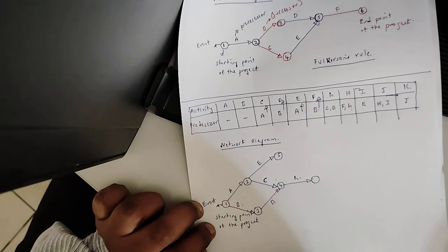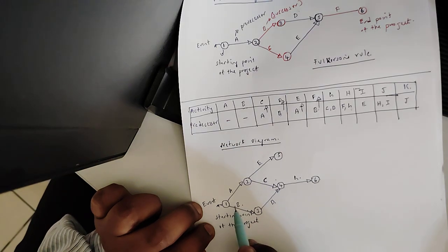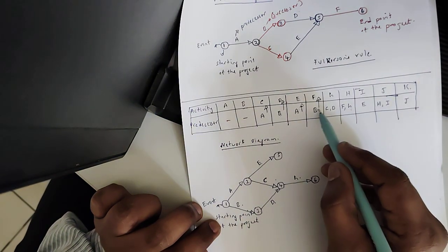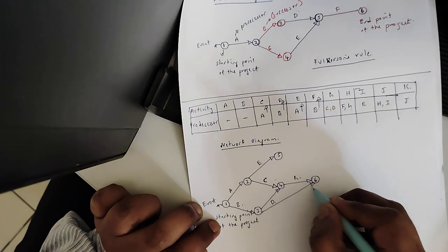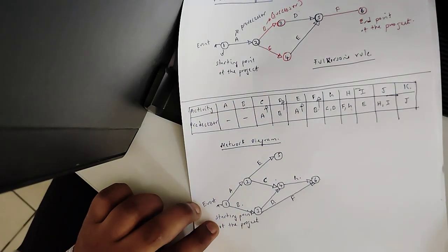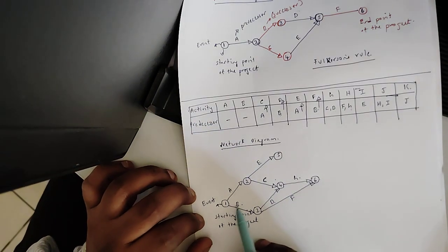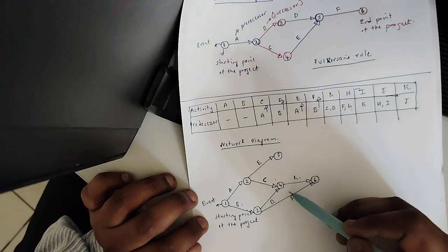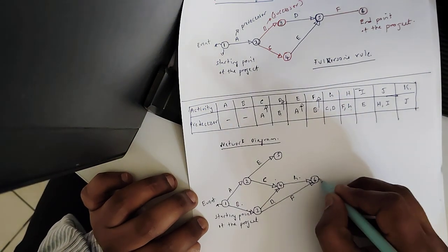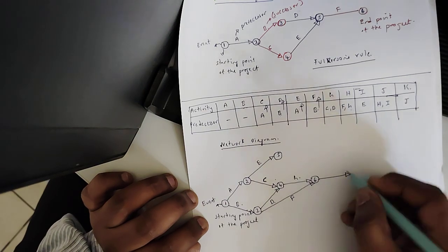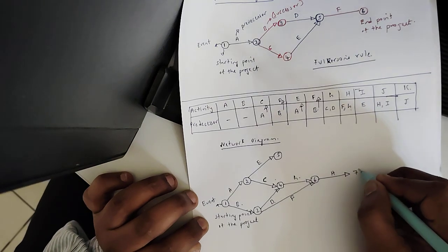So I'll make the event here, 6th event. After B, B is connected to F. So F will become the successor and B will become the precedence. F and G are the precedence of H. I mention H, and I'll complete this and mention the 7th event.